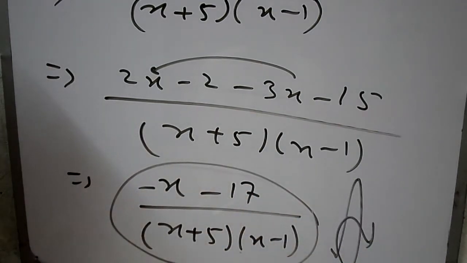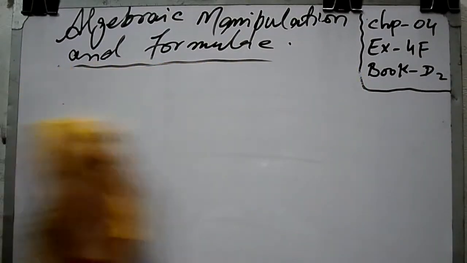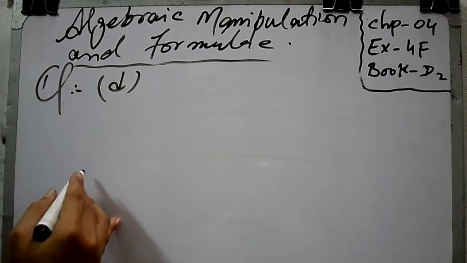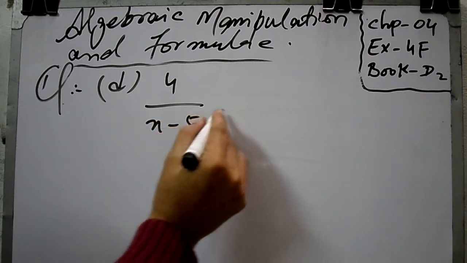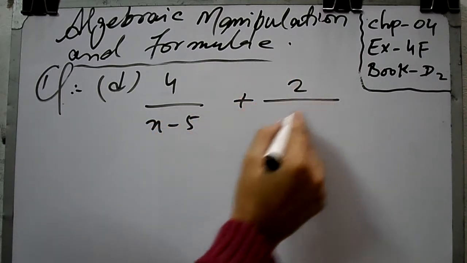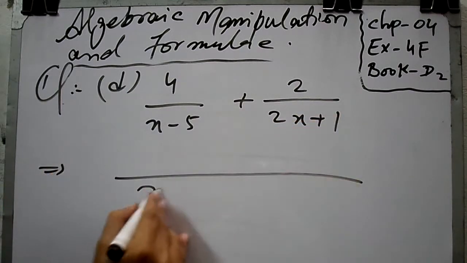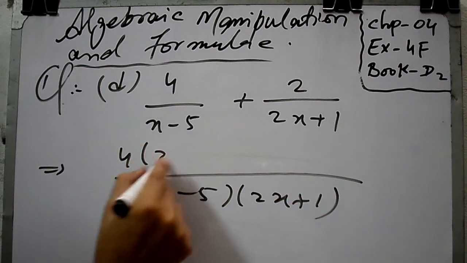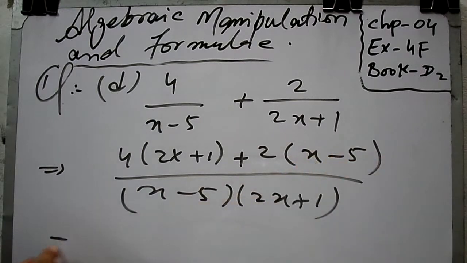Now coming to the D part. Divided by x minus 5 plus 2 divided by 2x plus 1. So taking LCM, 4 into, so the LCM methodology, 4 to the 8x.